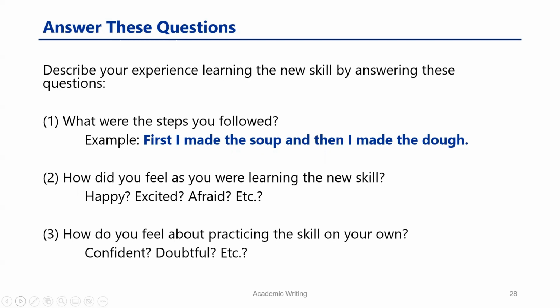Were you happy, excited, afraid, something else? 3, how do you feel about practicing the skill on your own? Confident, doubtful, something else? So your paragraph should answer all 3 of those questions.